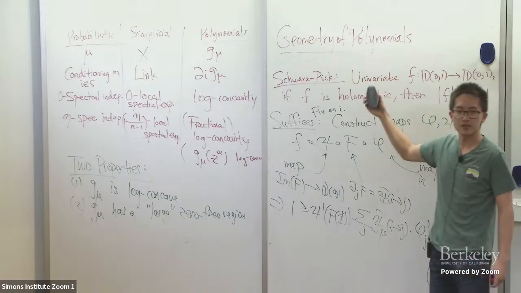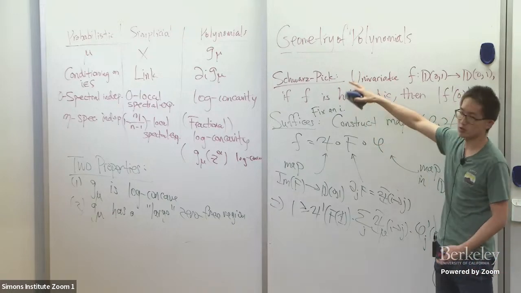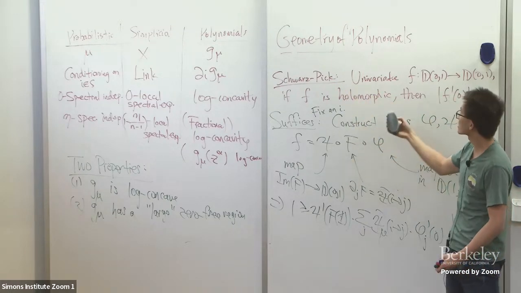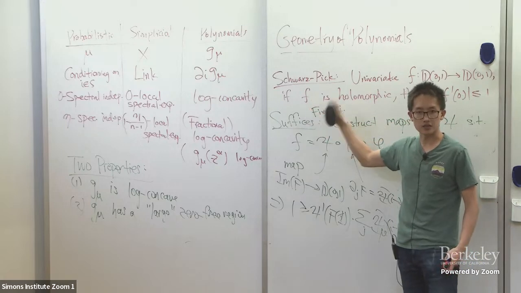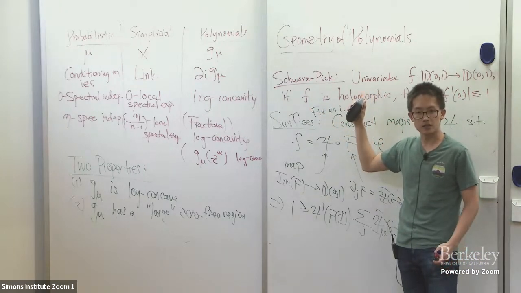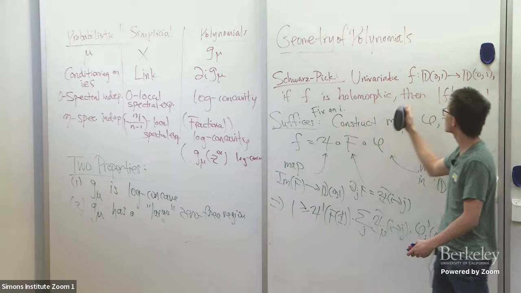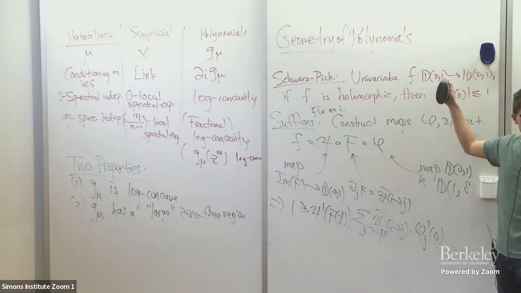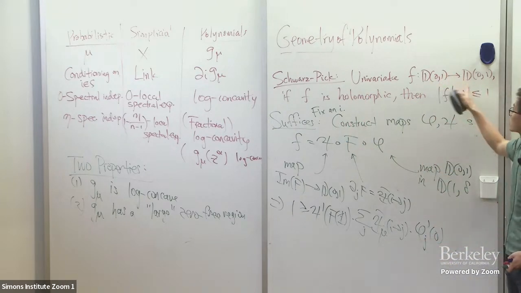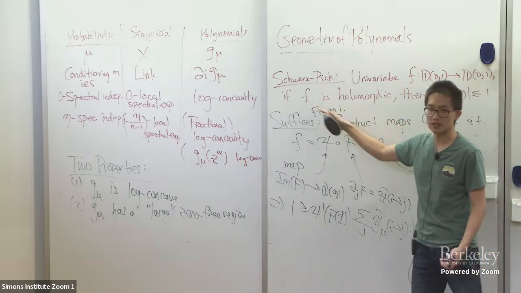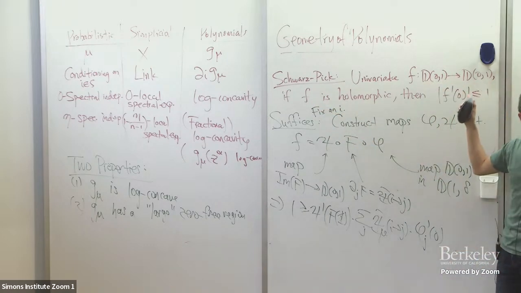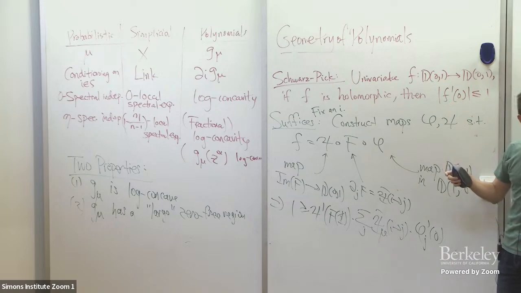Yes, we can probably state a more general version of Schwarz-Pick, but then I still need to construct a suitable function here to satisfy the assumptions of that lemma. I can modify this with different choices of these regions, but at the end of the day, I still need to construct one that maps the appropriate region into the appropriate region.